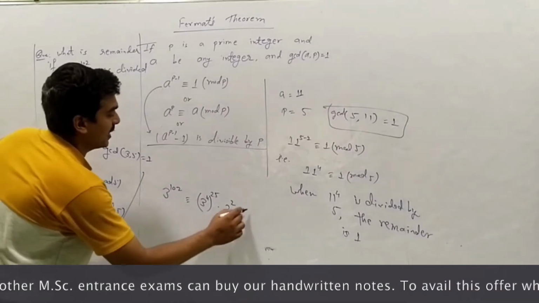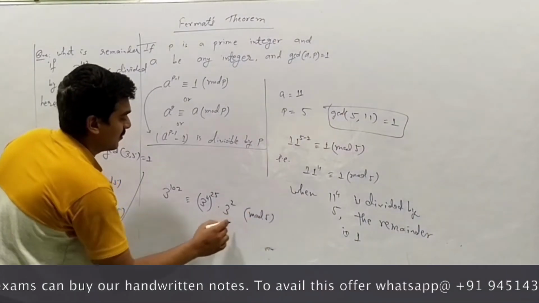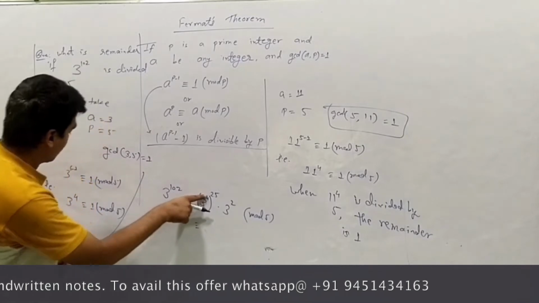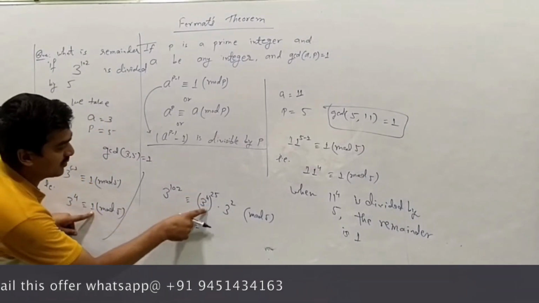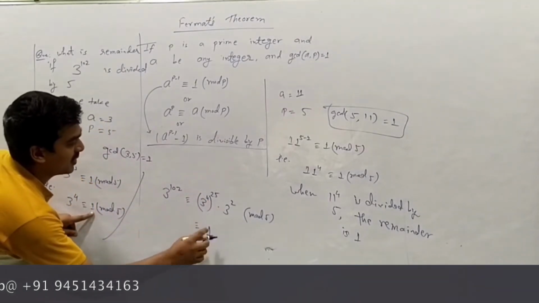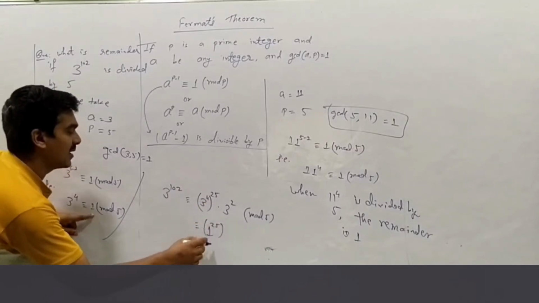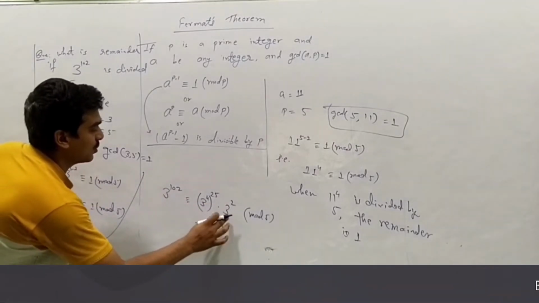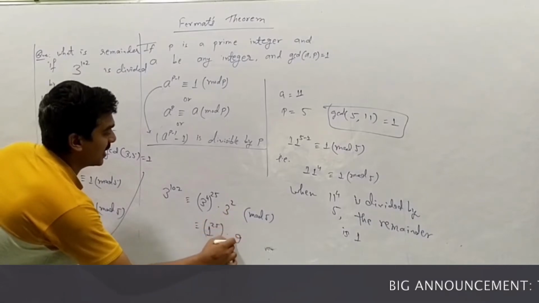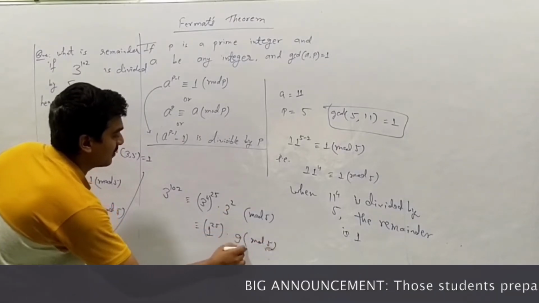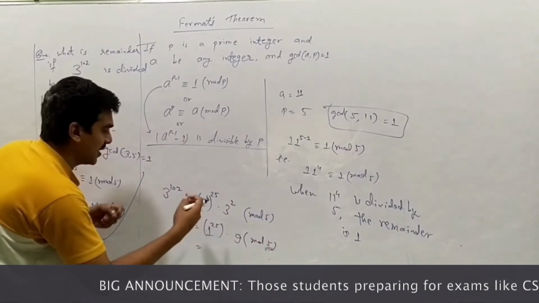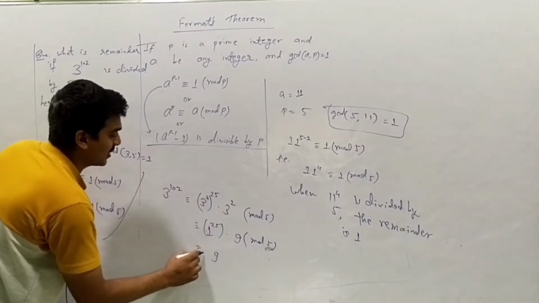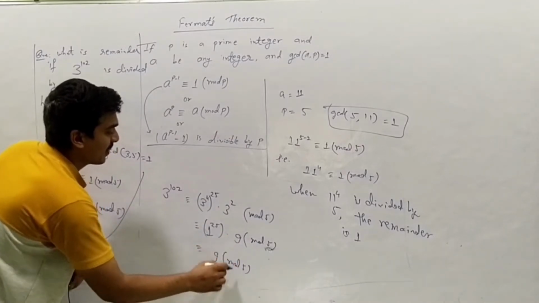Therefore in place of 3 raised to the power 4 we write 1 raised to the power 25, which becomes 1, and 3 raised to the power 2, that is 9, modulo 5. So 1 into 9, that is 9 modulo 5.